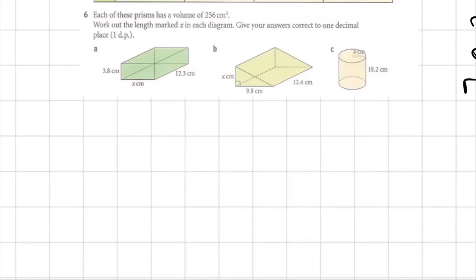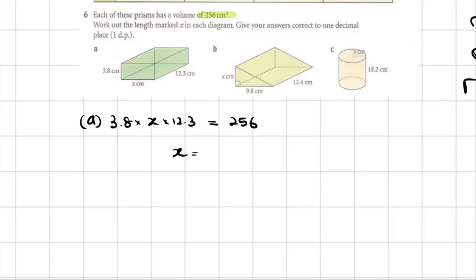Now, number 6 is a tricky question, but it is doable. Each of these prisms has a volume of 256 cubic centimeters. Work out the length marked x in each diagram, give your answer correct to 1 decimal place. So here you can see, in order to find the volume for A, I need to use 3.8 multiplied by x multiplied by 12.3 is equal to the volume, which is 256.